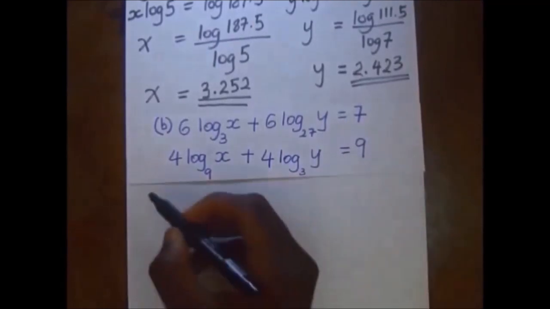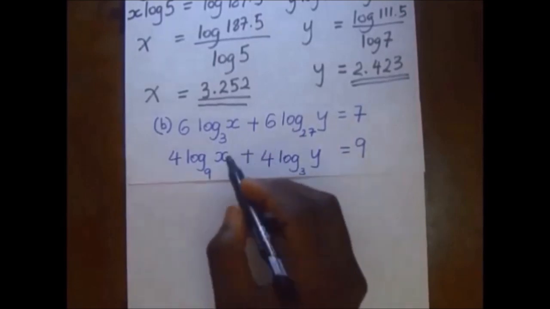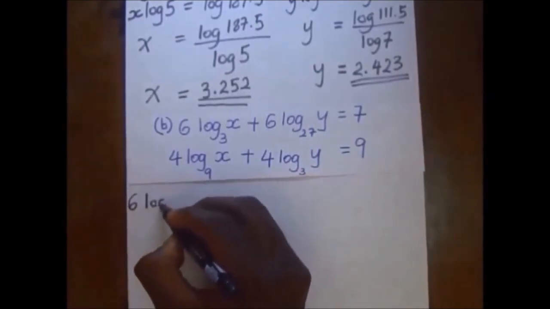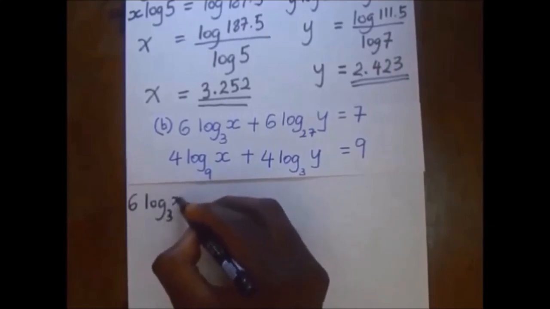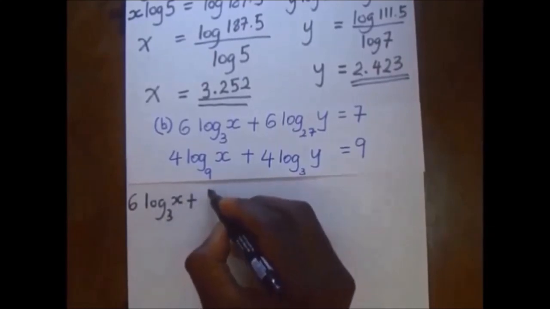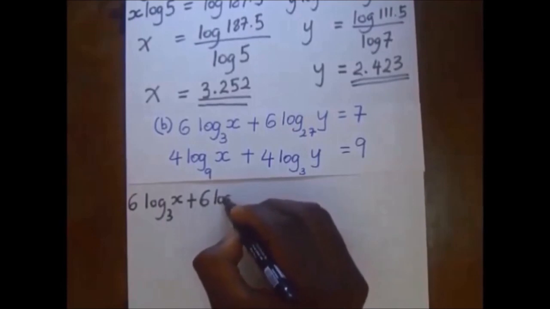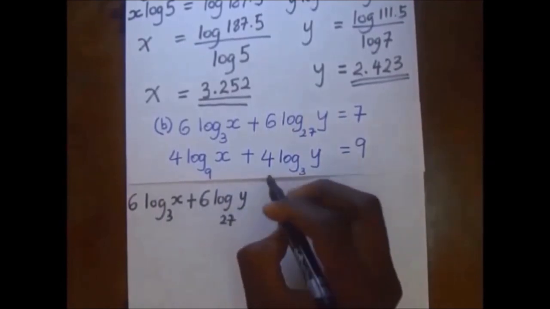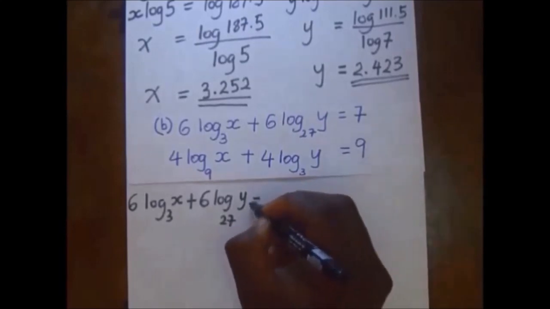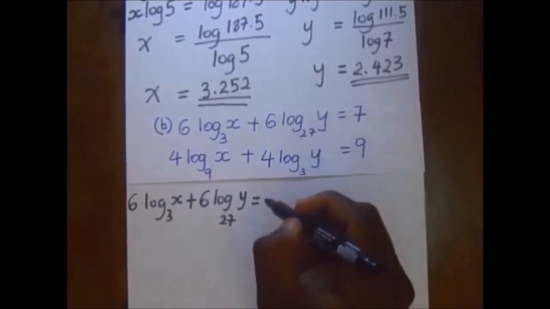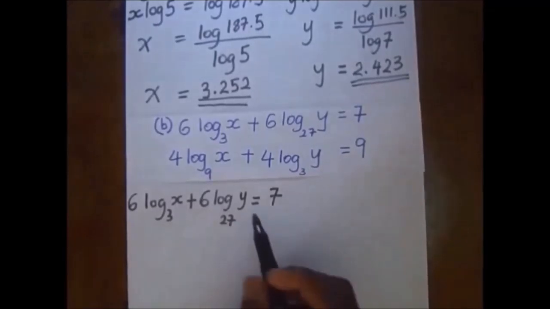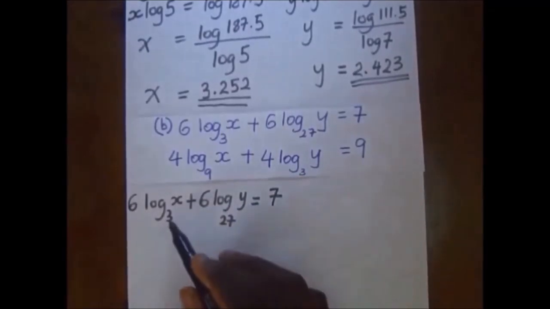So in this case, this equation is going to become 6 times the log base 3 of x plus 6 log of y base 27, that is going to be equal to 7. So we convert that to base 3.